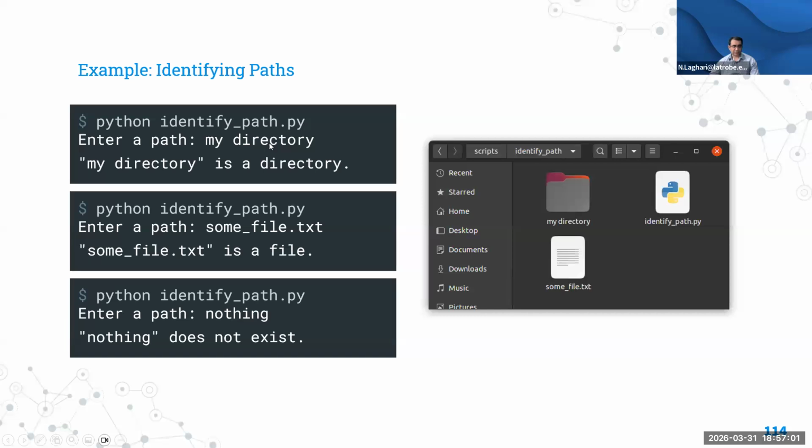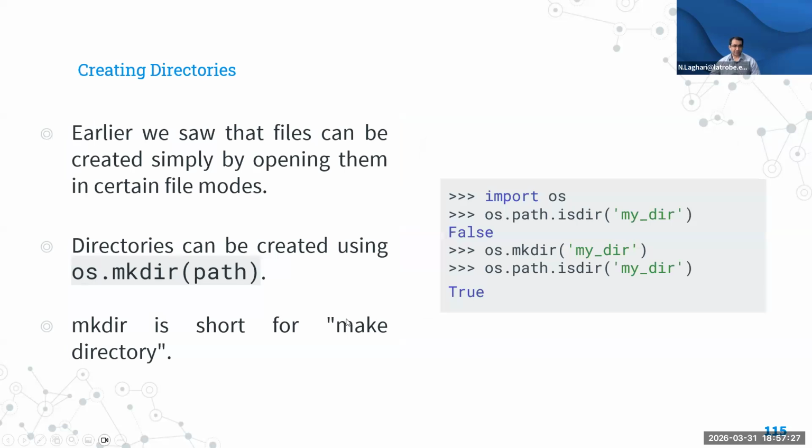Okay, so for instance, we are running this: my directory is a directory here. And you say some file.txt, some file.txt is a file. You enter nothing, and nothing does not exist. So you could have said identify path, maybe then it could have returned you that this is a file.